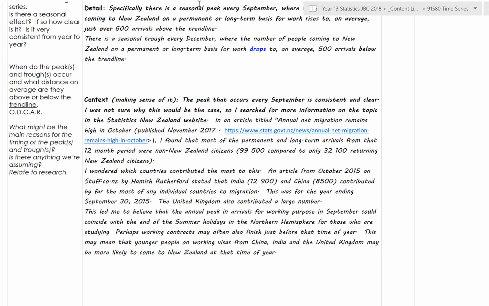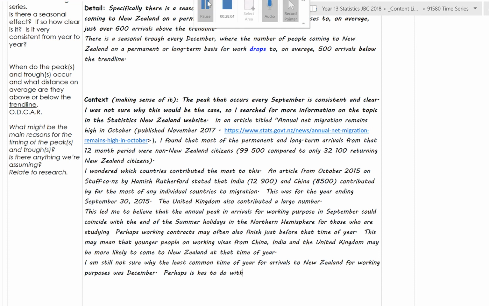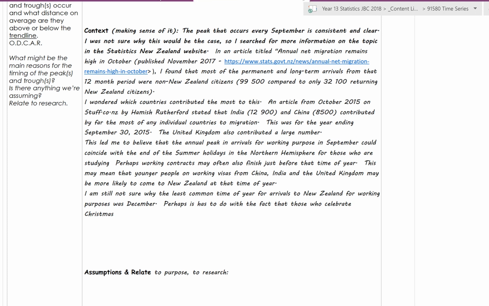So I don't really know. I'm still not sure why the least common time of year for arrivals to New Zealand for working purposes was December. Perhaps it has to do with the fact that those who celebrate Christmas want to stay at home with their extended families for that period rather than travel.